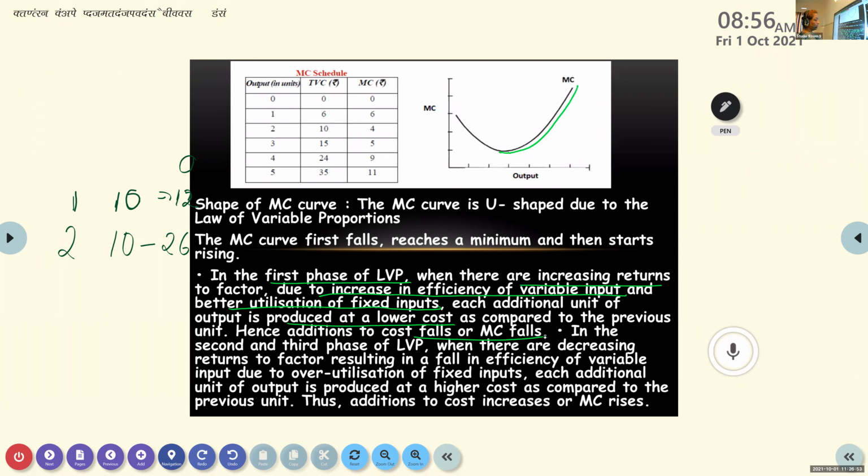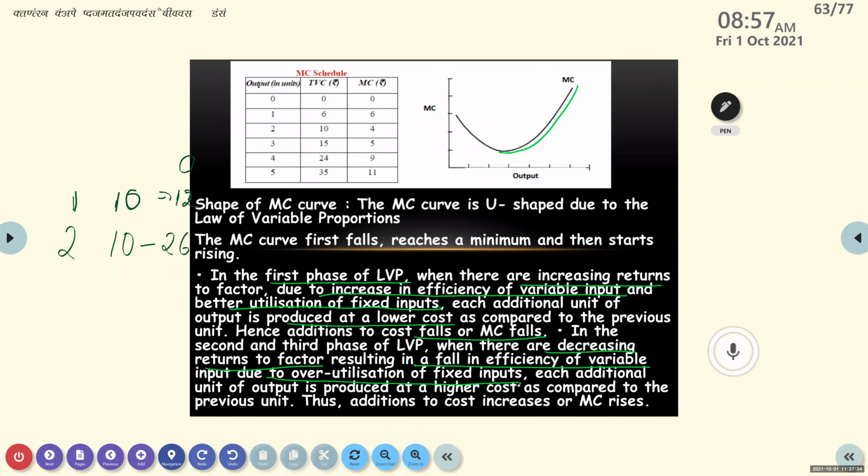Next one. In the second and third phase, what happens? Akshay, what happens in the second and third phase? In the second and third phase, there are decreasing returns to a factor because of a fall in efficiency of variable input and overutilization of fixed inputs.